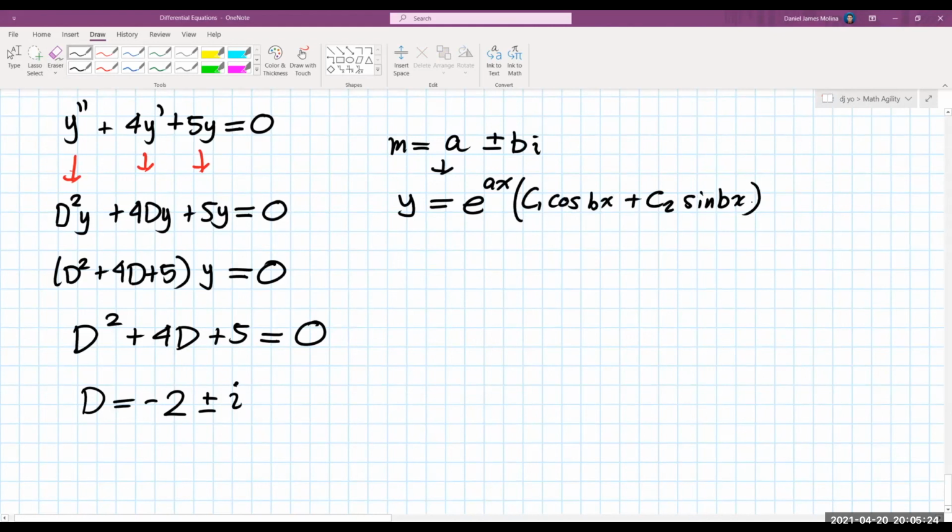These were derived a while ago by Sir Michael. So this is our general solution for that given root of the characteristic equation.